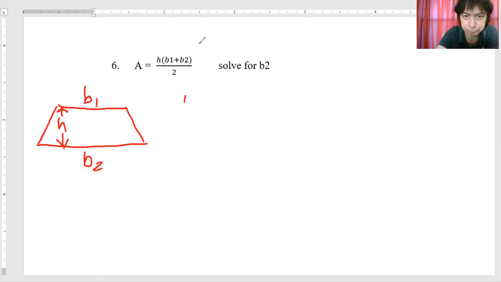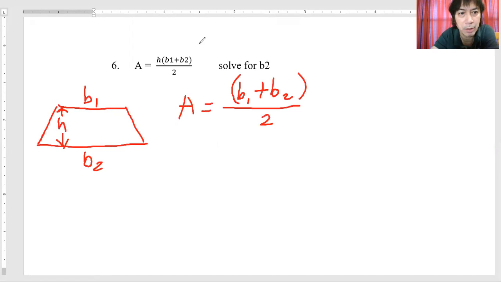And the area is A. So it's base 1 plus base 2 over 2, the average of the two bases, times the height. That gives the formula for the area of a trapezoid.